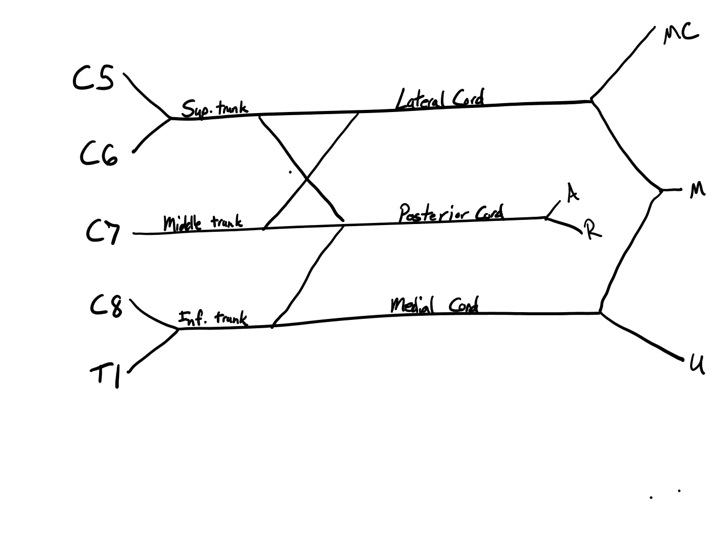If we look at that very top Y laying on its side, there are three nerves that come off of it. One nerve comes off of each region. So there's one nerve coming off of the root of C5, there's one nerve coming off of the superior trunk, and there's one nerve coming off of the lateral cord.